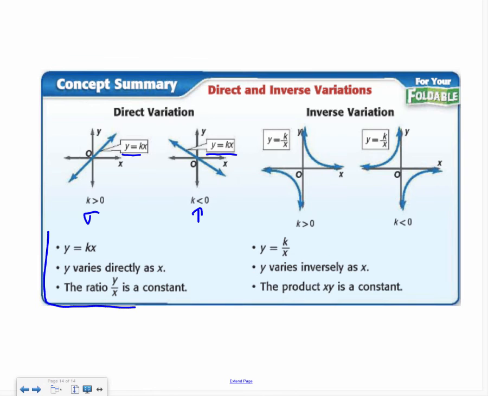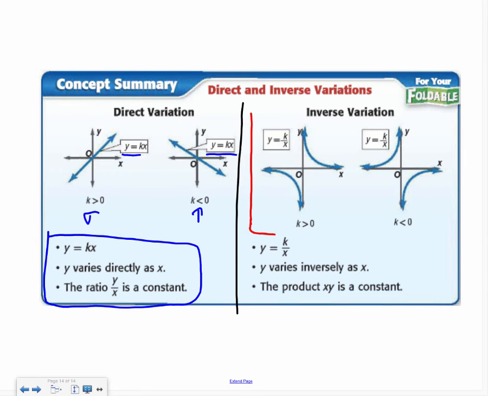And here's some criteria about direct variation. And then on the right-hand side of the screen, to help you keep it straight, we have what inverse variation looks like when k is positive or when k is negative. And then some common criteria about inverse variation. So that's some good stuff to write down in your notes.